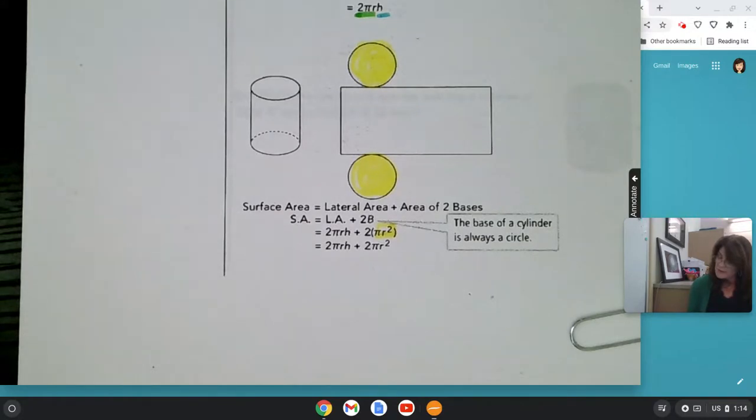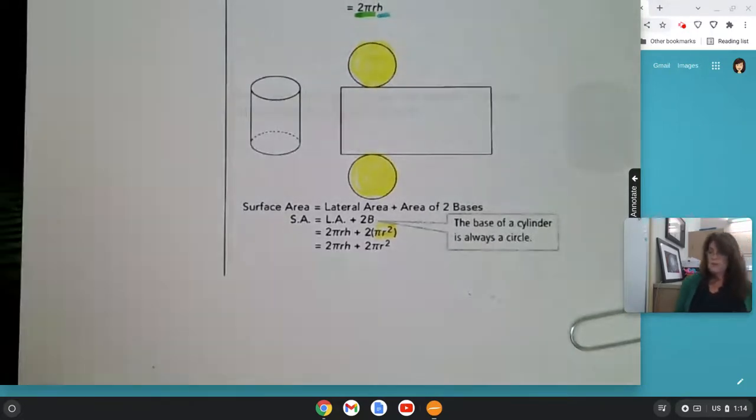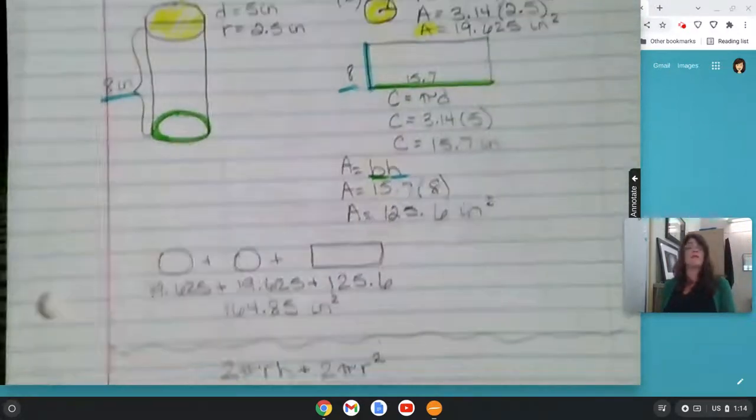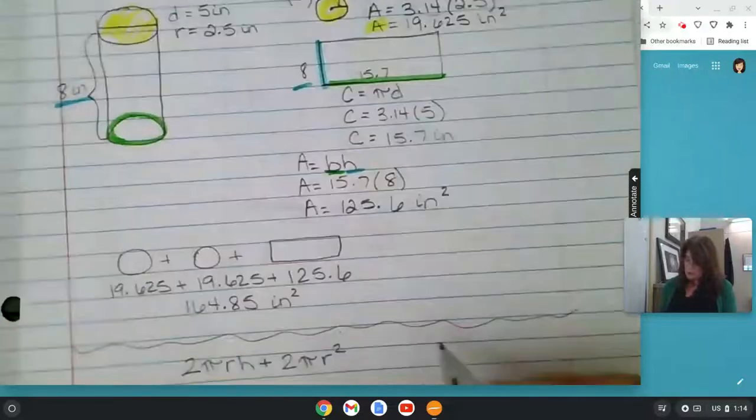But the formula itself is 2 times pi times radius times height plus 2 times pi radius squared. So let's go back here and identify our numbers.